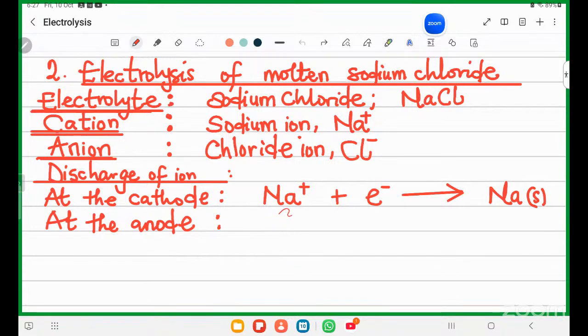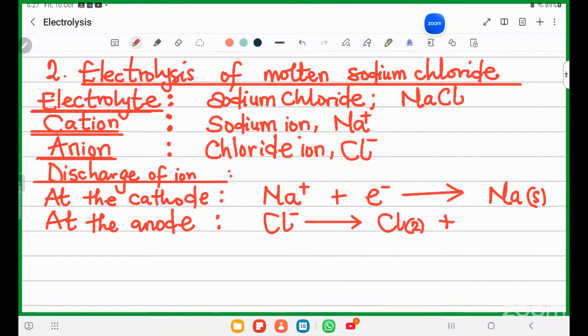The chloride ion, right? Yeah. We go there. So it's going to lose one electron. So on losing one electron, it becomes chlorine gas.